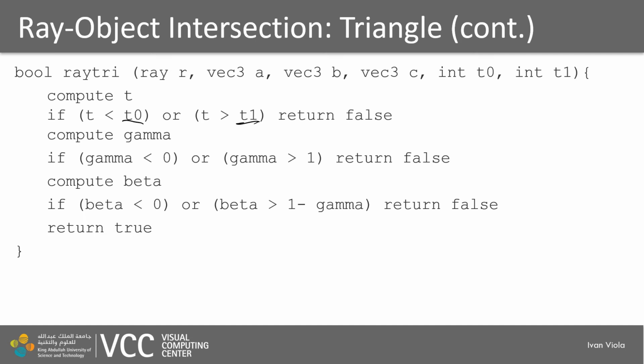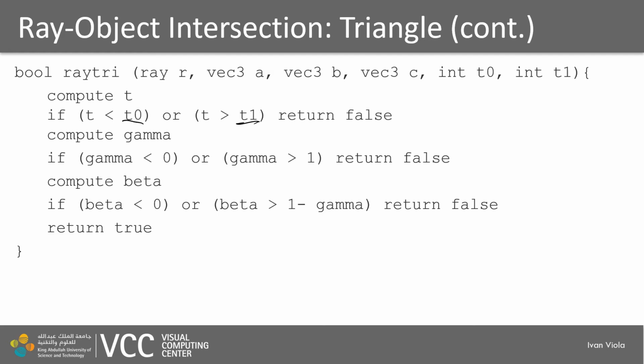Or if it's before t0, it's also not interesting because it would be behind the eye point, so it will be in the different direction. Or it will be behind the viewing plane if we define this metaphor of looking outside the window.